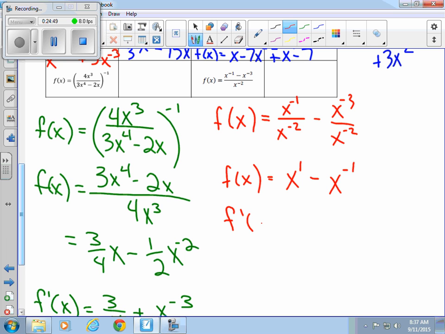So what's the derivative? Don't forget to subtract. Don't add, subtract. Pretty nifty rule, right?